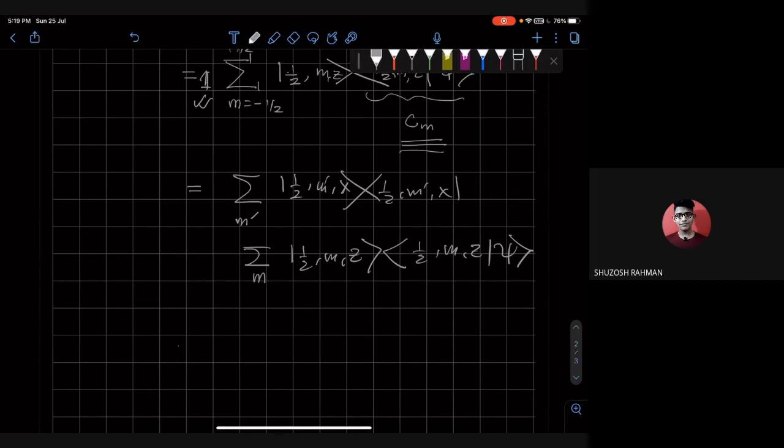So now what I can do is say, okay, this is going to be M prime. And now this is just a complex number we are calling C of M. Now this times this is going to be a change of basis matrix.